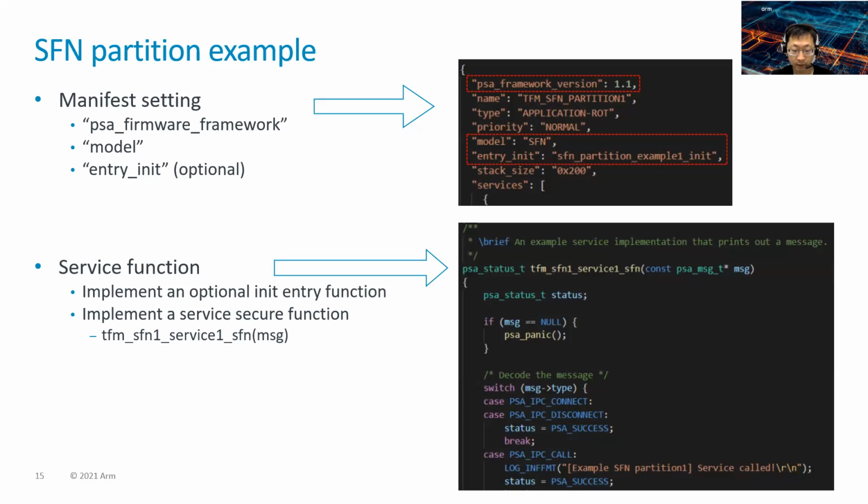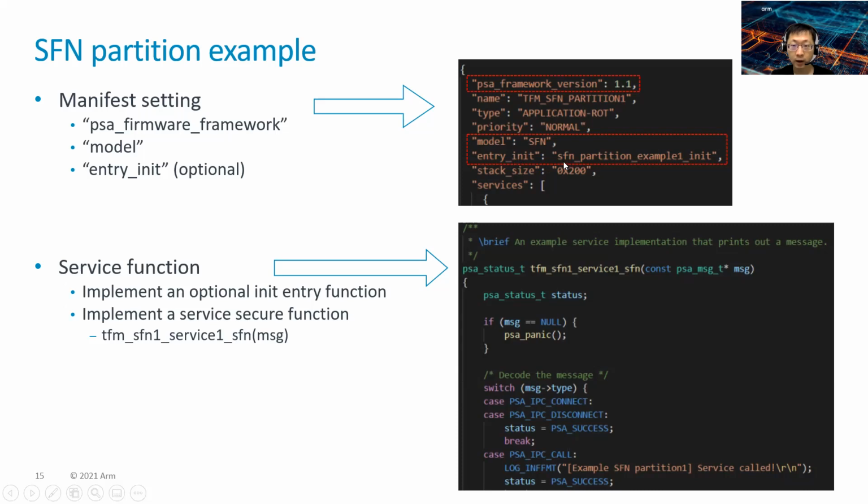Let's see an SFN example. To create an SFN partition and service, developers need to set 3 attributes for a specific SFN partition. First, set the PSA framework version to 1.1. Set the model to SFN, which is different from the IPC model, and set the entry init function.